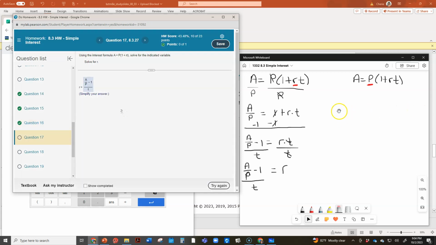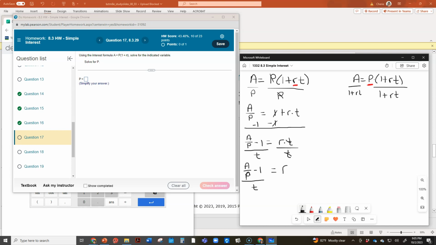And then the same thing is for the next one. Solve for P. So again, that's still multiplication right there, but since I'm trying to get the P by itself, I'm going to divide both sides by 1 plus RT. Divide this side by 1 plus RT.